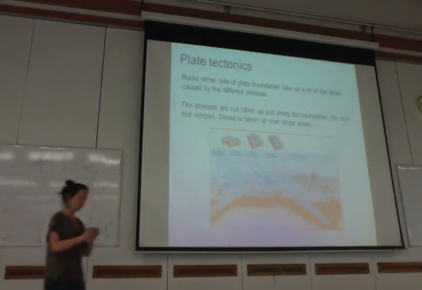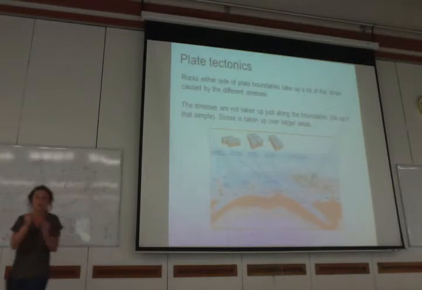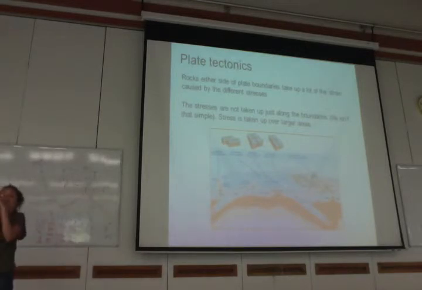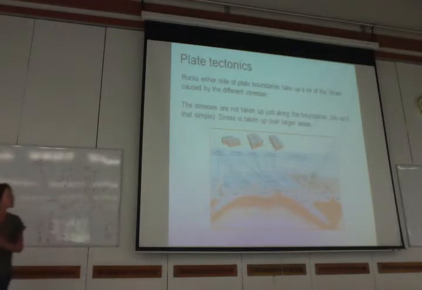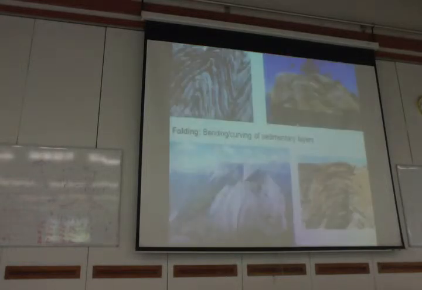As with any natural system, the stress isn't just concentrated at the actual plate boundary, it's spread out over the area around that plate boundary. And within that area, the way the rock or the crust responds to those stresses depends on the stresses involved, it depends on the rocks involved, and it can produce some really, really spectacular features on the Earth's surface.